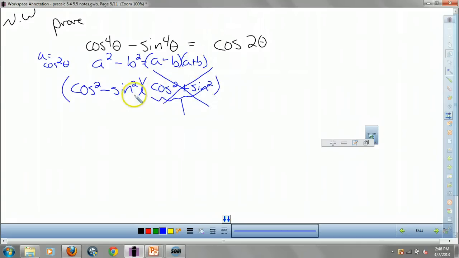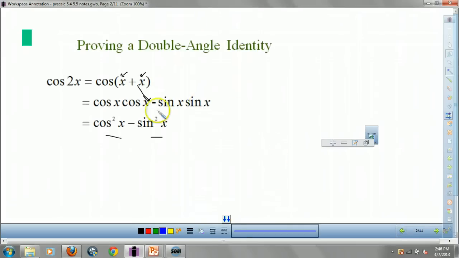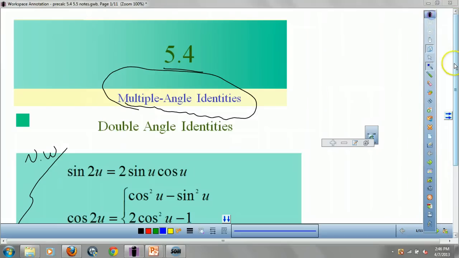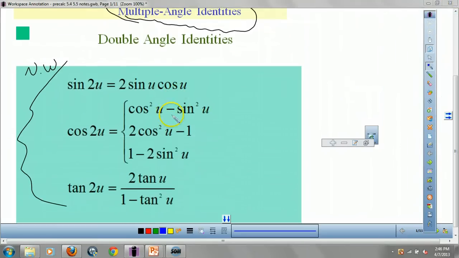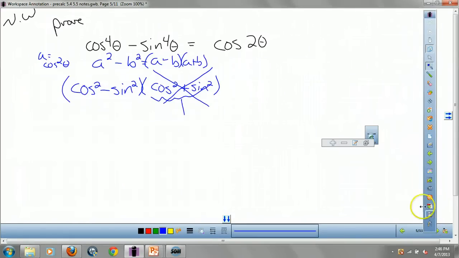We're left with cosine squared minus sine squared, which, if we look back at our double angle identities, is cosine of 2 theta. And we're done. Quick proof. Capiche?